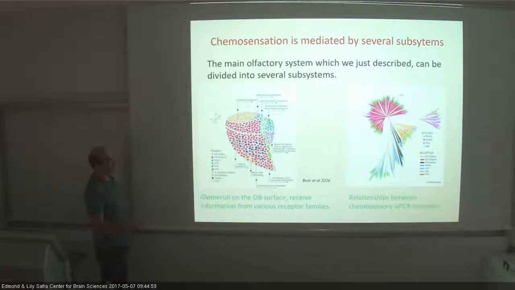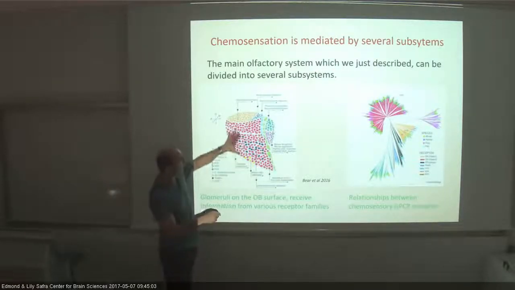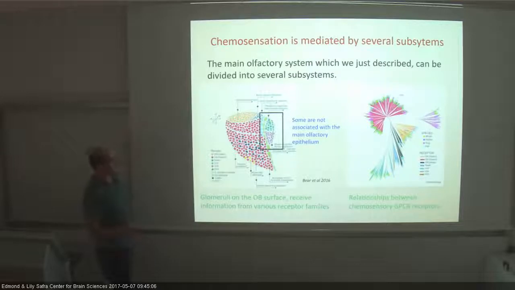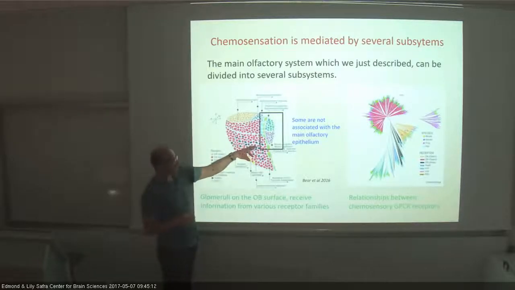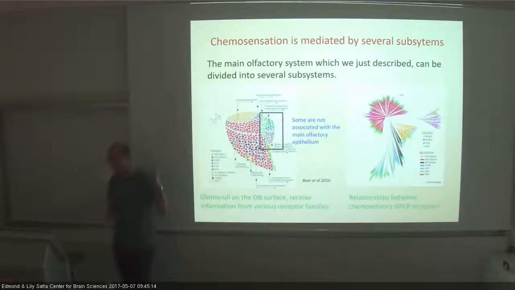The point is just that there is a correspondence between the different receptor types and some regions on the bulb that receive this information. And some of these regions on the bulb, like this one here, which we'll talk about a lot, do not receive the information from the main olfactory epithelium, but rather from other regions.